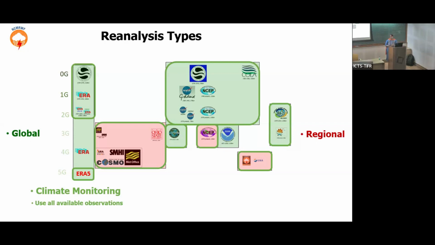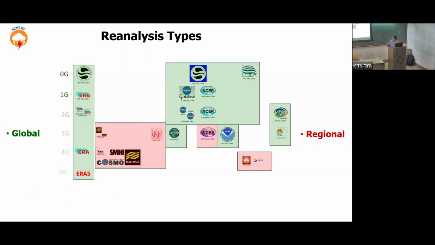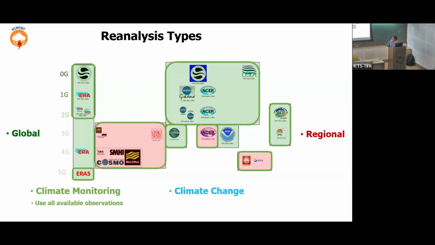So climate monitoring reanalysis means in those types of reanalysis we use all types of available observations. So if you see here, all this green box thing, these are the climate monitoring reanalysis.